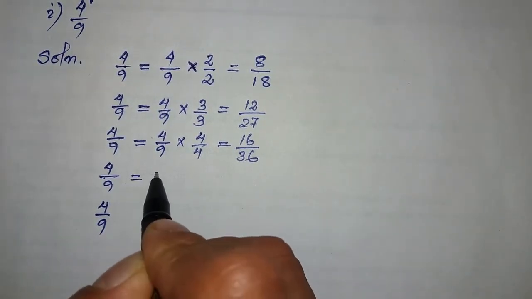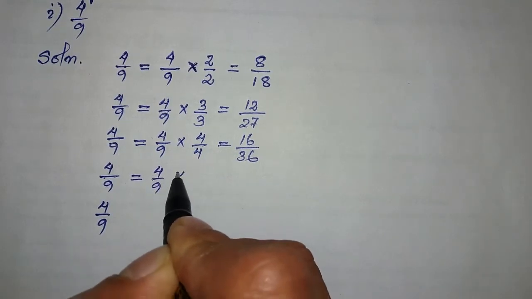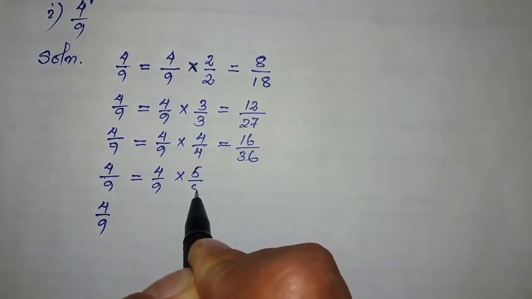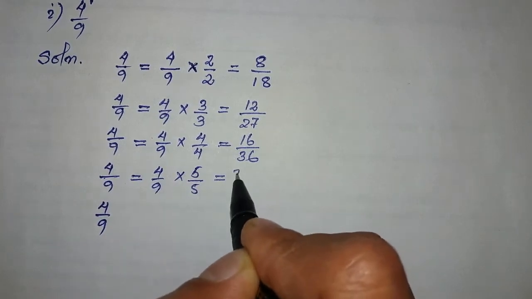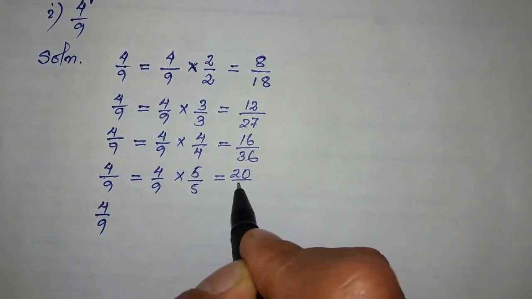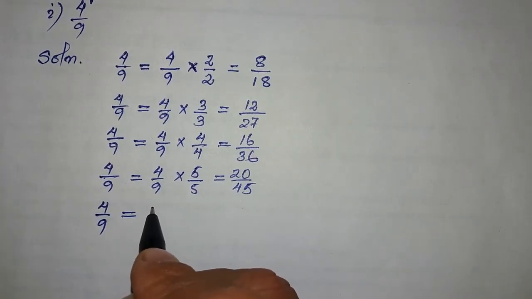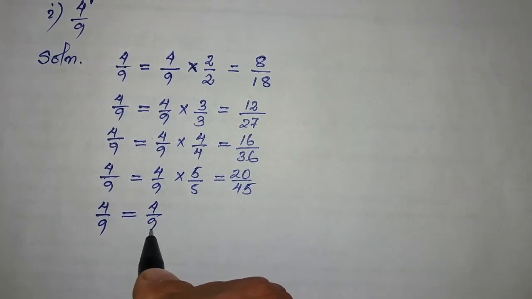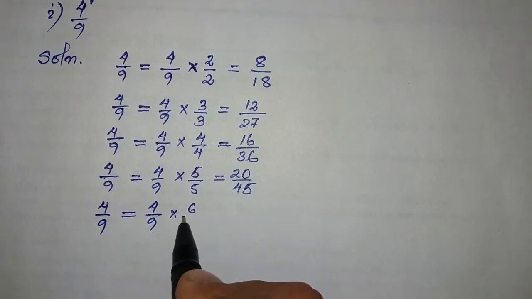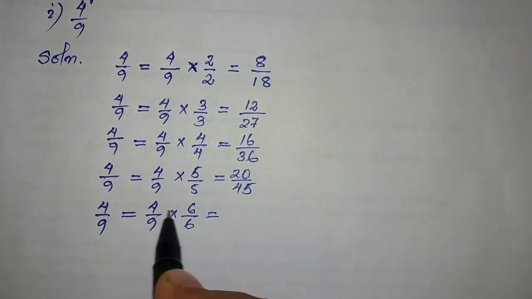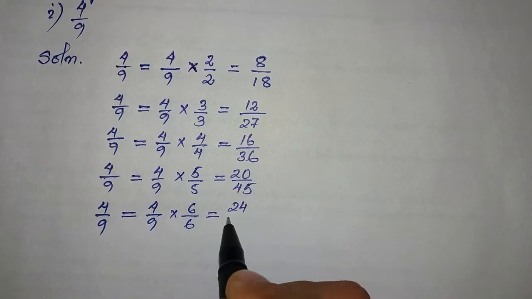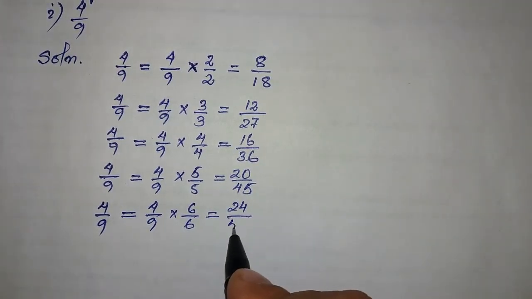Again, let's multiply with 5 by 5. 4 5s are 20, 9 5s are 45. Now this is the fifth one, so let's multiply with 6 by 6. Now 4 6s are 24, 9 6s are 54.